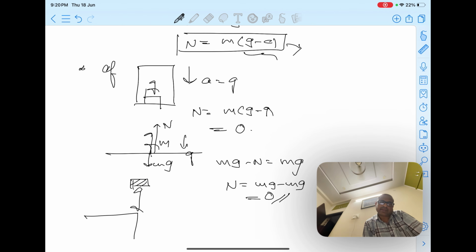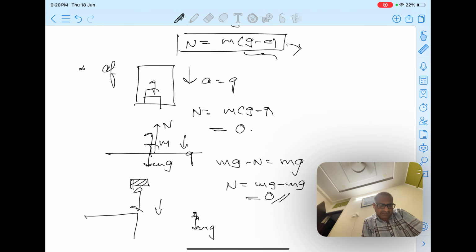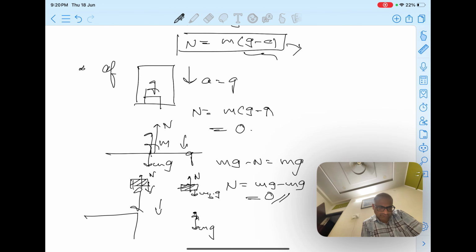Same like on a big hillock, you are jumping with some load on your head. When you are moving downward, if you draw the FBD of this particular person, his weight mg is acting downward. This weight exerts force on his head, and the head also exerts force on the weight upward. For the equilibrium of this box, there is the normal force upward and the weight of the box downward. For the FBD of the man, the force he exerts on the box, the box also exerts the same force N, isn't it?